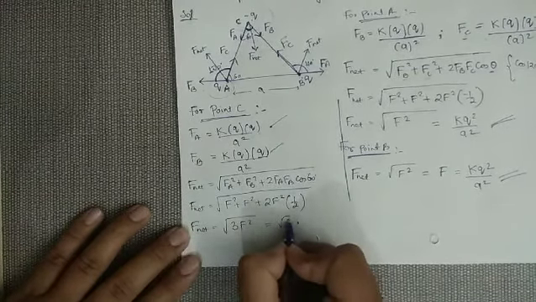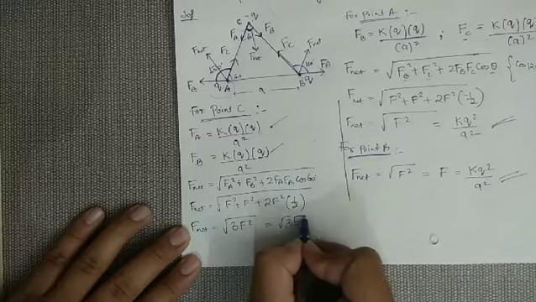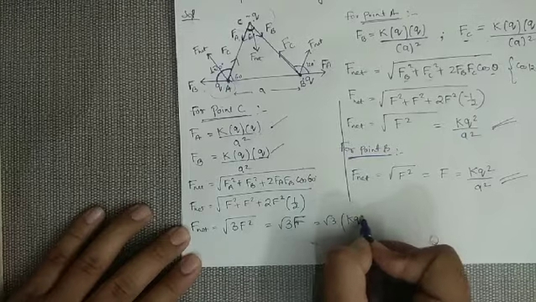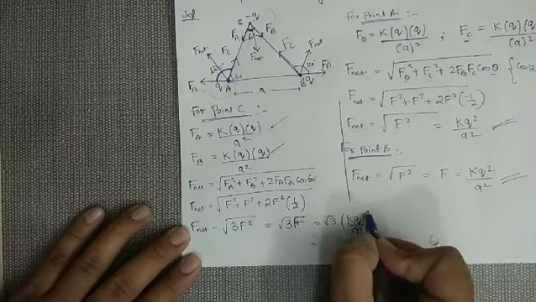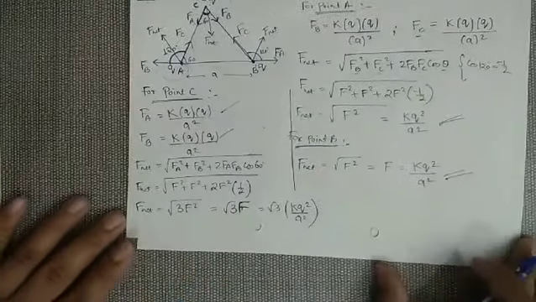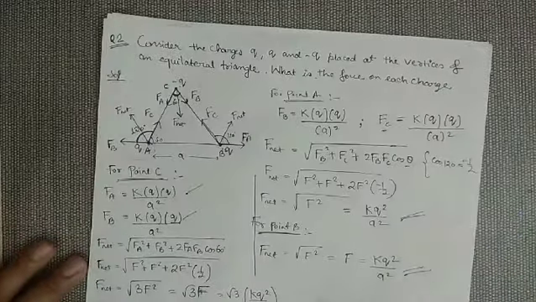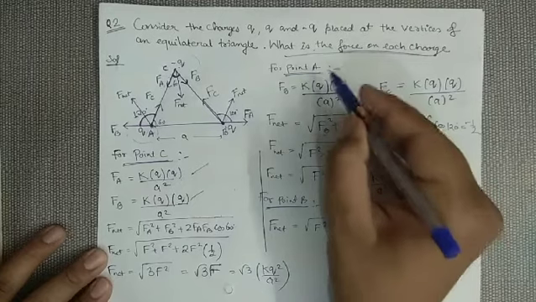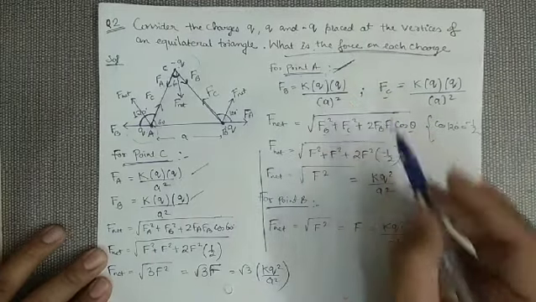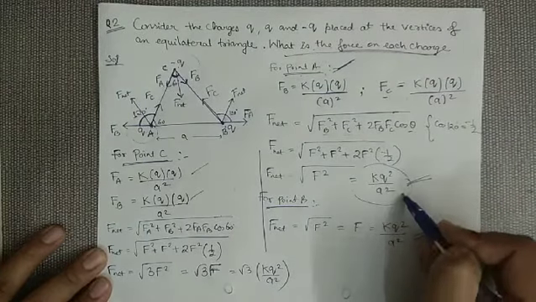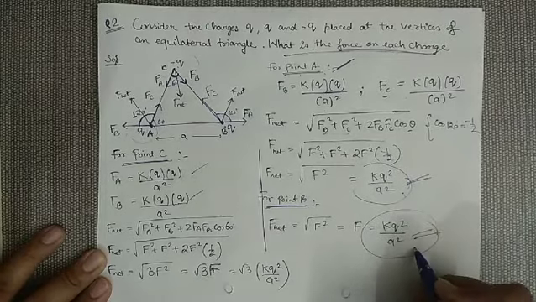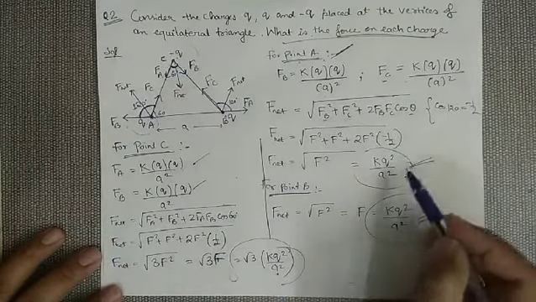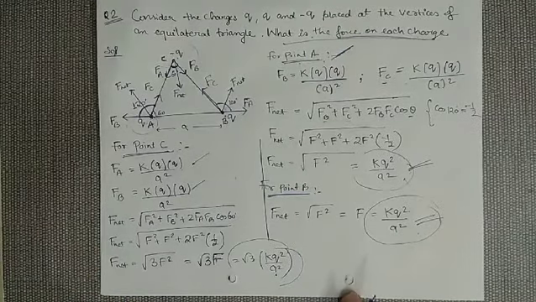So this will give you root 3 times F, that is root 3 times KQ square by A square. So here we have calculated, as per the question, the force on each charge. So this is the force on the charge at A, force on the charge at B, and this is the force on the charge at C. So we have calculated the force on each charge.